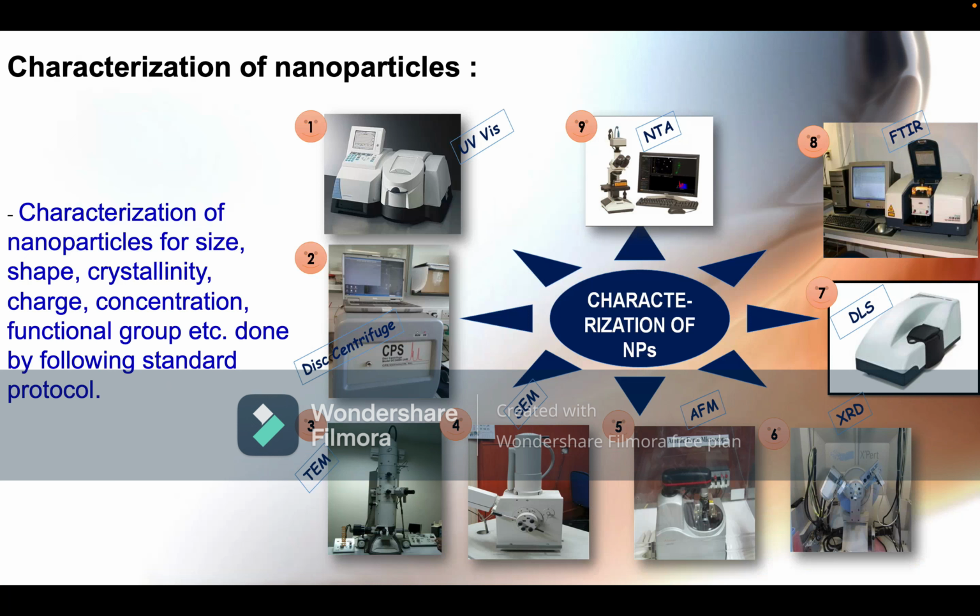Over time, we have synthesized many different types of nanoparticles. After synthesizing, we characterize them for their size, shape, crystallinity, charge, concentration, functional group, following standard protocol. For these purposes, we have used equipment like UV-vis spectrophotometer, disc centrifuge, transmission electron microscopy, scanning electron microscopy, atomic force microscopy, XRD, DLS, FTIR, and nanotech analyzers.